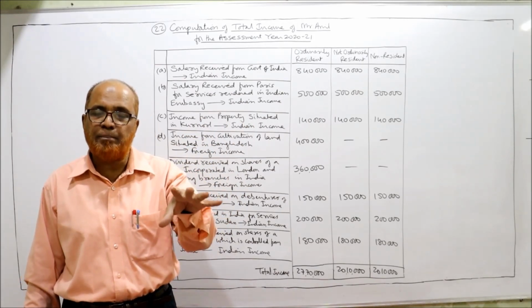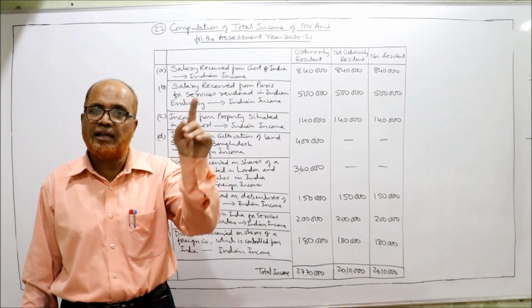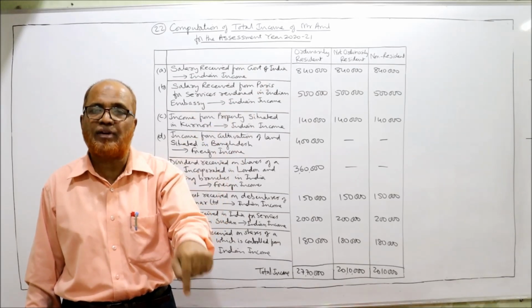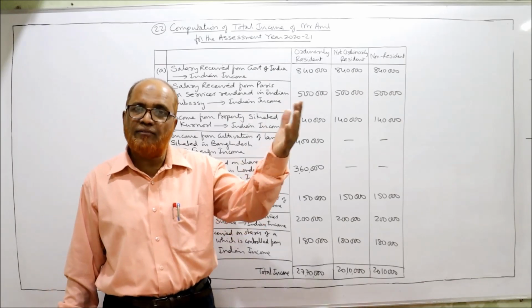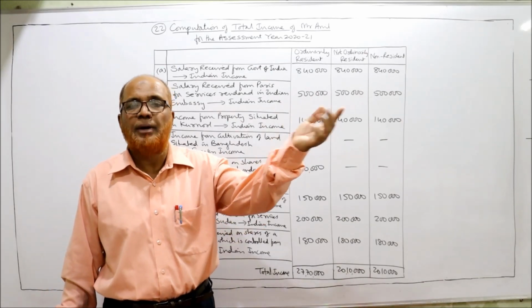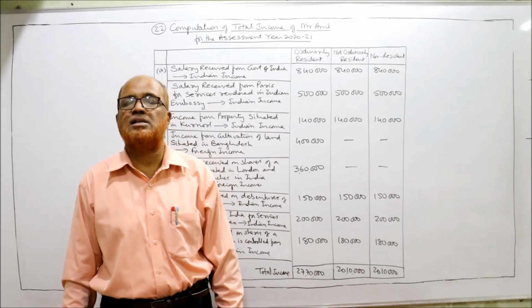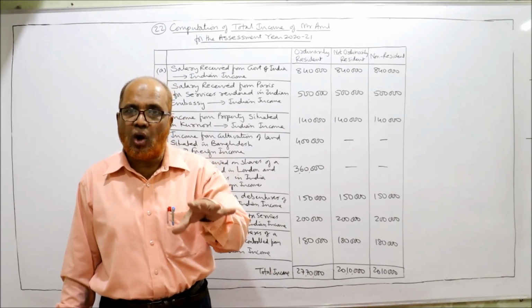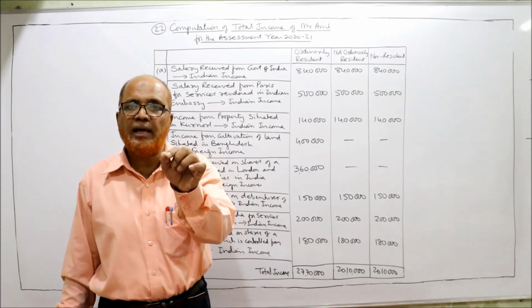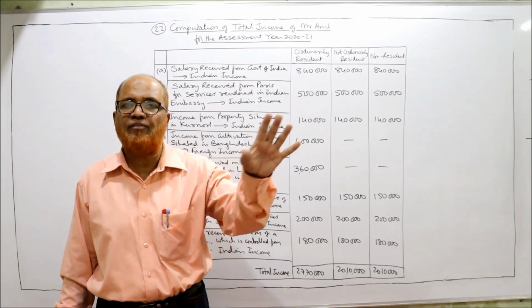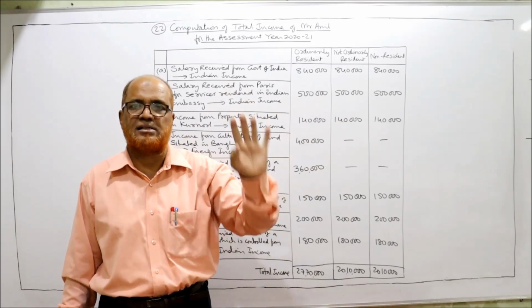If he is having a business outside India and that business is controlled from India, then the income earned outside India is a foreign income, but he is liable to pay tax because he is a not ordinarily resident person. If he is a non-resident, only Indian income is taxable, foreign income is completely exempt.